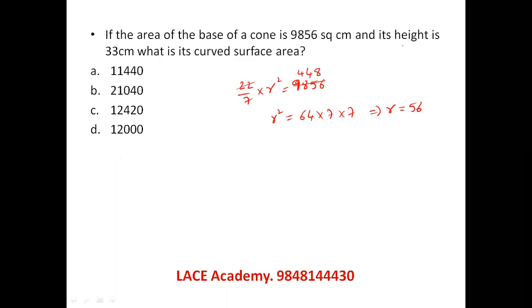Now he's asking the curved surface area, which is pi r L. So we have to find out L. L equals root of r square plus h square. r square is 56 square, h square is already given as 33 square. So 56 square plus 33 square.